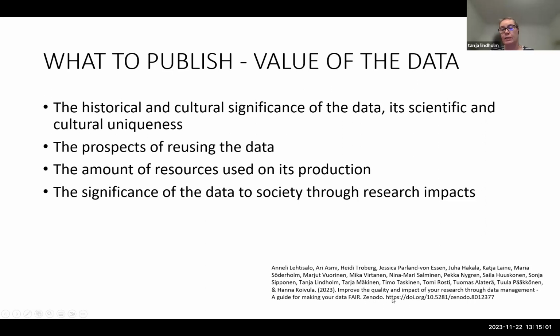It's published in Tanja. It's just a PowerPoint presentation on how you can improve the quality and impact of your research through data management. There are quite nice definitions, about vocabulary, for example, and so on, if anyone's interested.